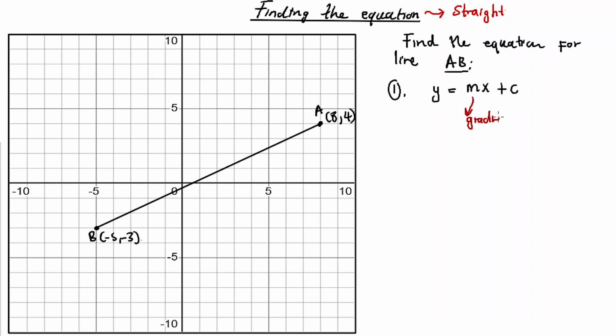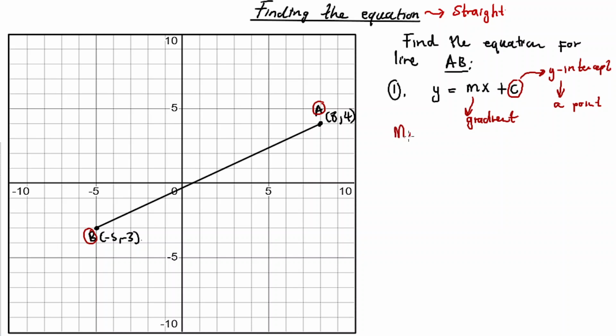We need to calculate m. We also need the value for c, which is the y-intercept. Unfortunately, for this line AB, we are not provided with the y-intercept, so we're just going to use a point on the line. We are given A, and we are also given B. So the first thing we have to calculate is the gradient.